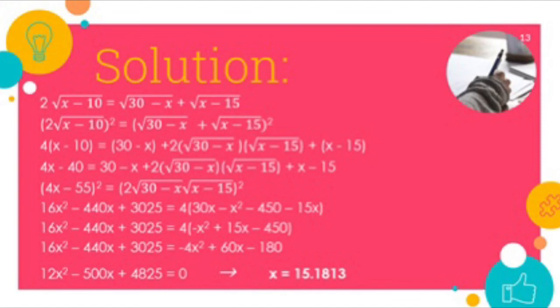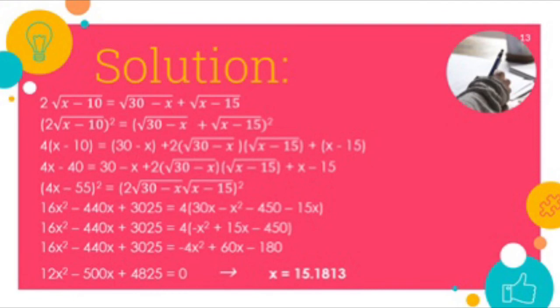Using different algebraic methods, we are going to arrive at an equation of 16x squared minus 440x plus 3025 is equal to negative 4x squared plus 60x minus 180.